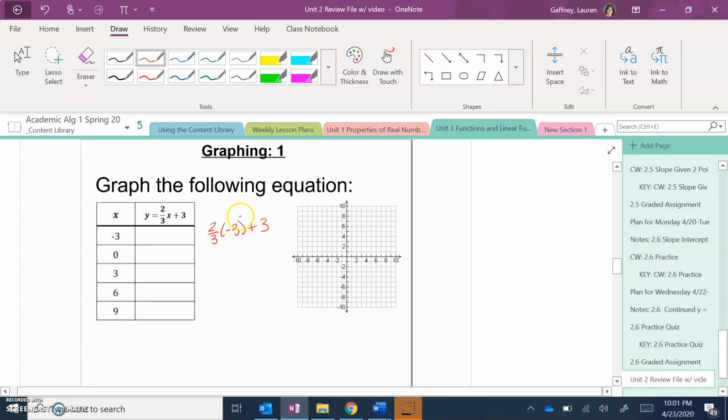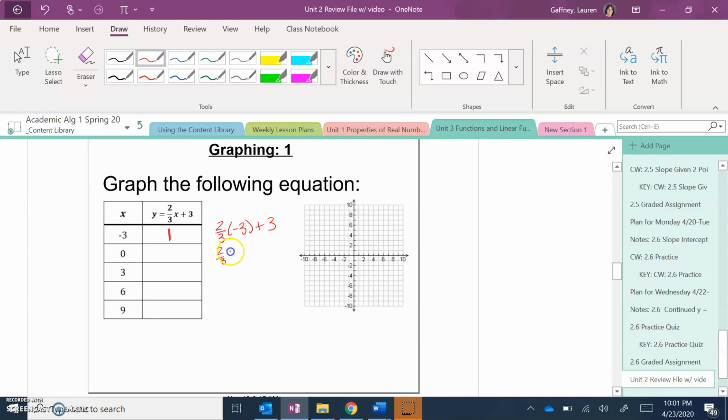So if you use a calculator here, you would get negative 2 plus 3, so that comes out to 1. Here, put in 0, so this would just come out to 3. Here, let's put in a 3, so that would be 5. Here we would get 4 plus 3, so 7.